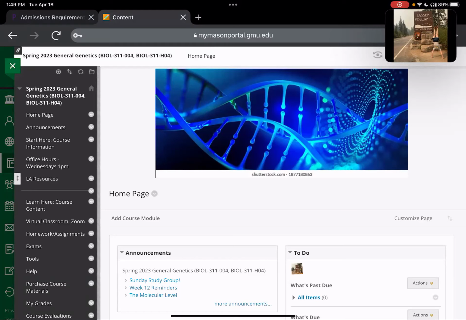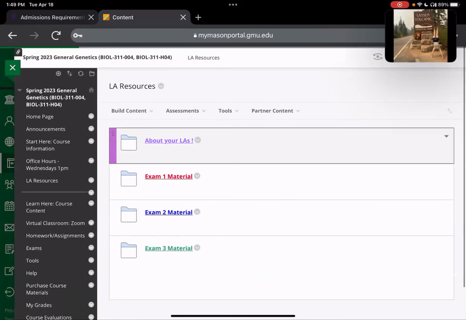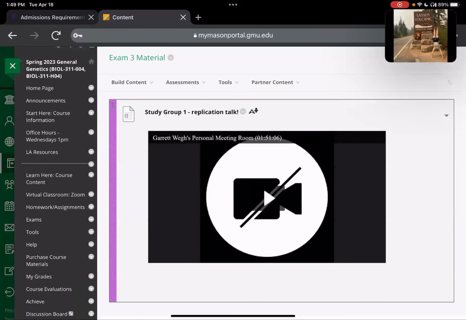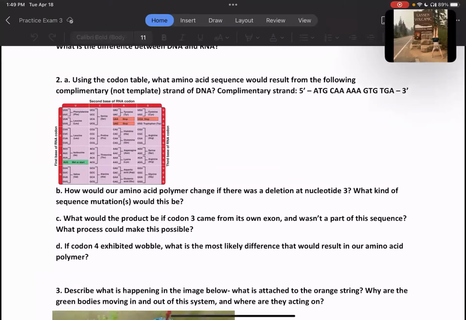But if you go into LA Resources, which is where you'll find all LA stuff that we make, and exam through material, in this, we talk a lot about the directionality of DNA, what the 3' and 5' mean, what it means for replication specifically, which way enzymes can read our DNA and which way new complementary DNA is built.